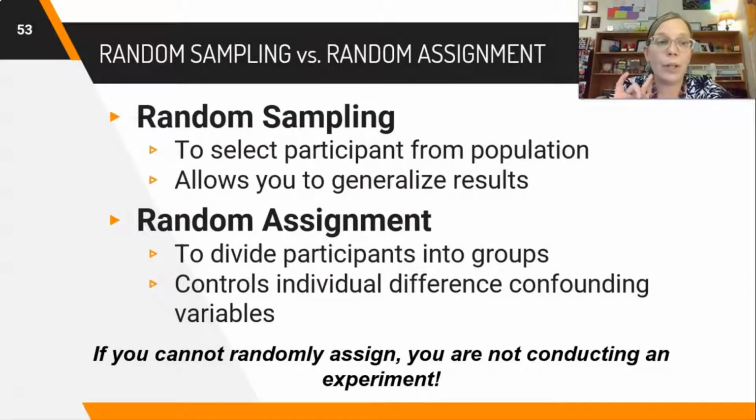So we're going to reiterate one term we've already learned and add another one. This is another confusing pair that is very common in this class. So you need to be able to tell me the difference between random sampling and random assignment. Random sampling is just choosing a participant out of the wider population of what you're studying. So remember our example of if we want to study MacArthur students. What's our population? It's all MacArthur students.